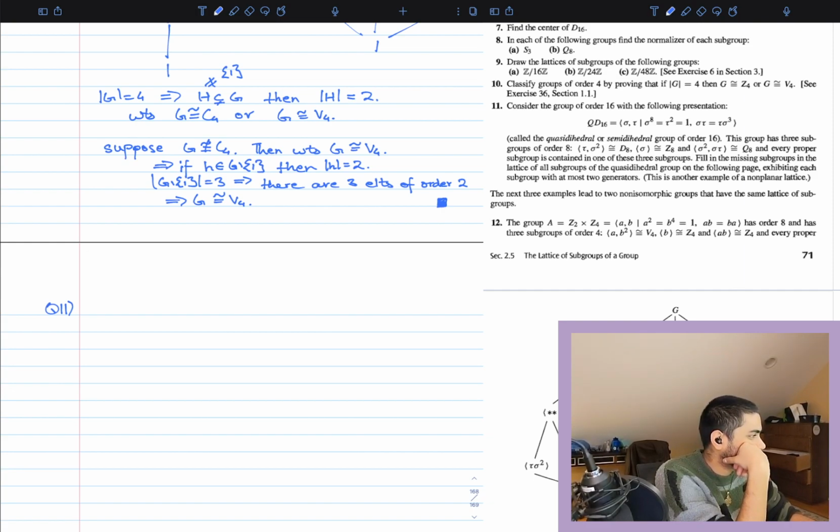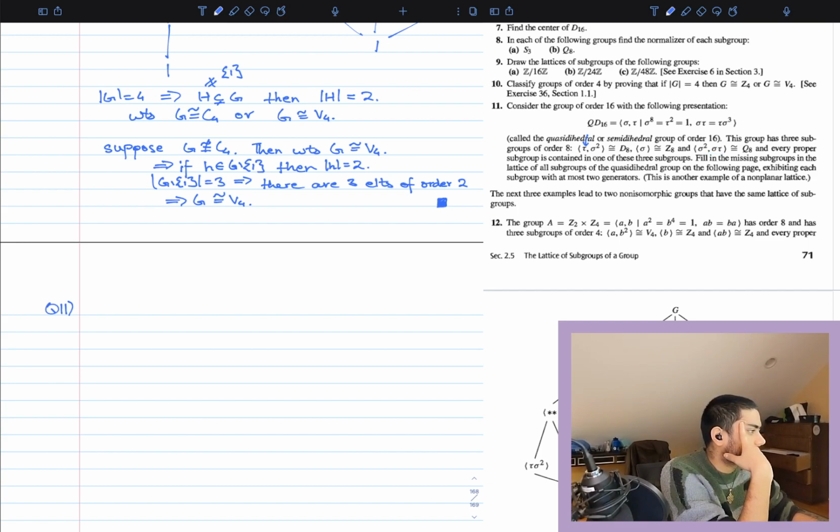Okay. That's interesting. Right, so they're saying sigma on its own has order 8, and so it generates a size 8 subgroup, isomorphic to the cyclic group with 8 elements. Then tau together with sigma squared is isomorphic to D8, which makes sense.